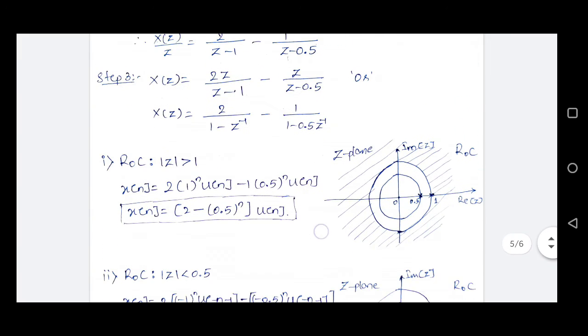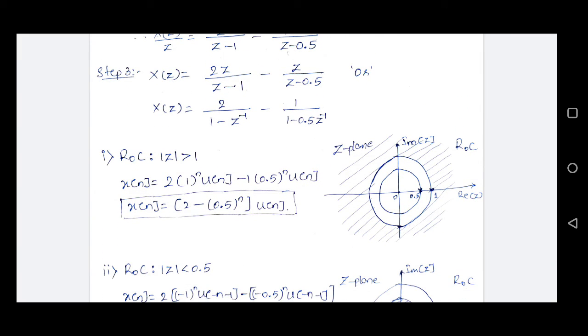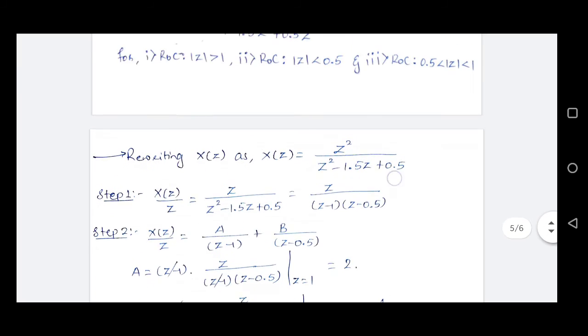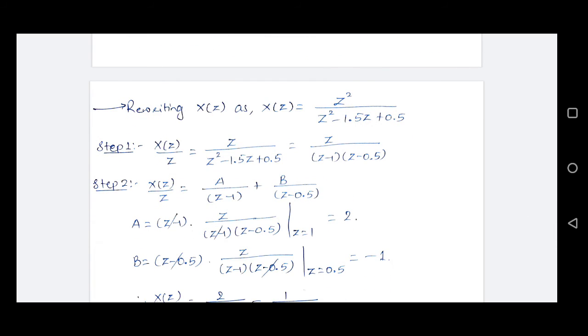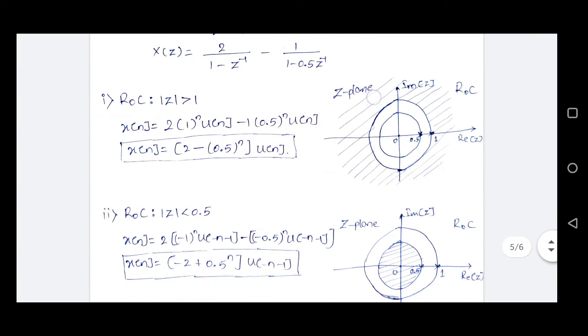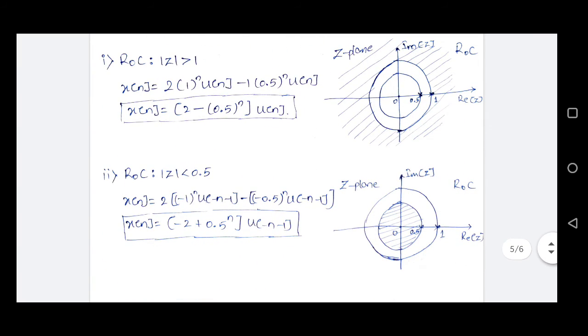There are two poles, z equals 1 and z equals 0.5. If the value of z is greater than 1, on the right hand side we have drawn a z plane.